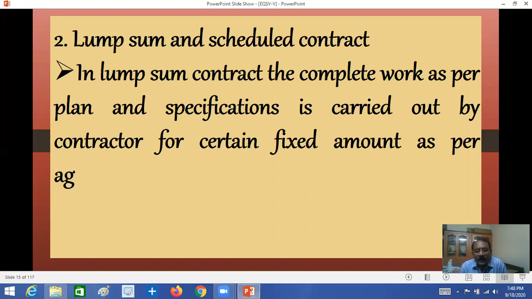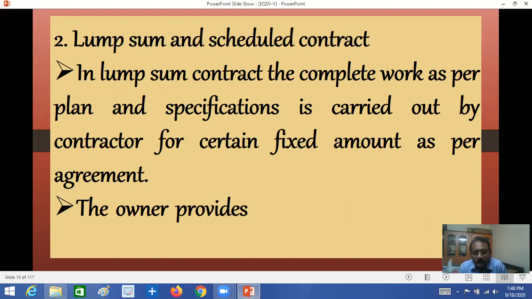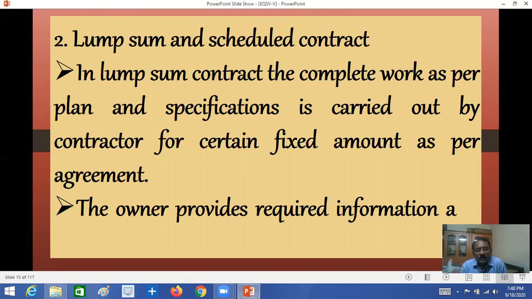In a lump sum contract, the complete work as per plan and specification is carried out by the contractor for a certain fixed amount as per the agreement. The owner provides the required information in a lump sum and schedule contract.